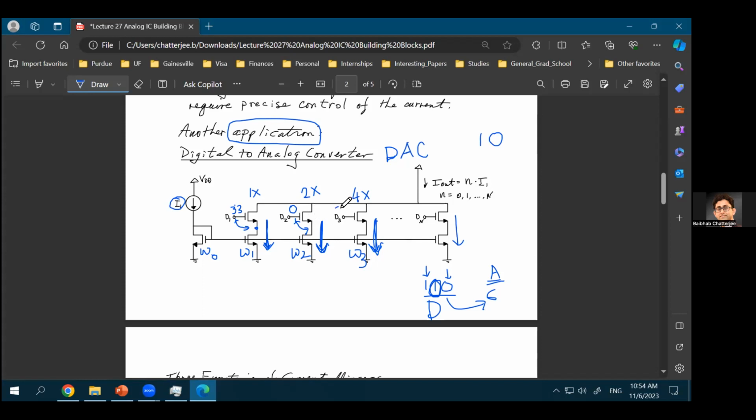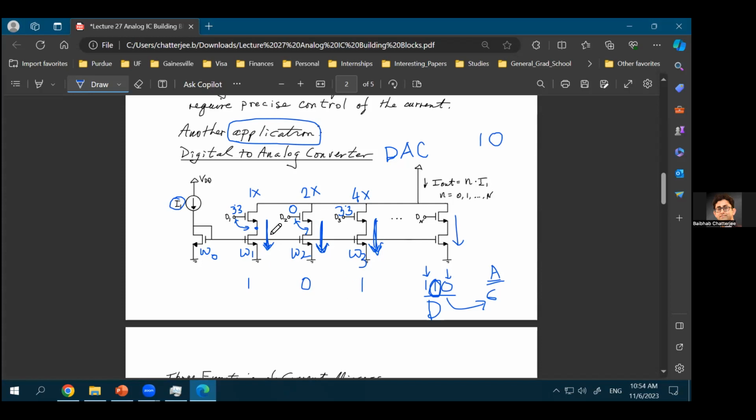On the other hand, again, let's provide a 3.3 volts over here, or a 1, depending on the amount of voltage that you need to make this transistor on. So in this case, you have this transistor on, this transistor off, and that transistor on. So you have a digital representation of 101.